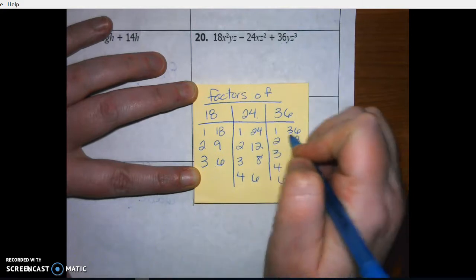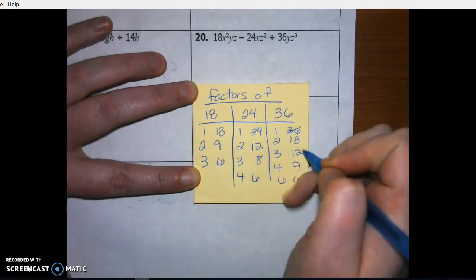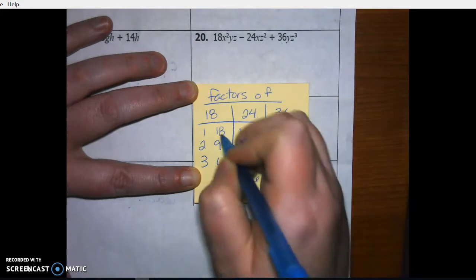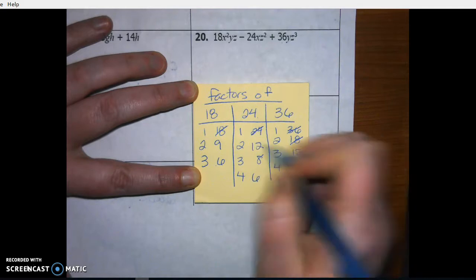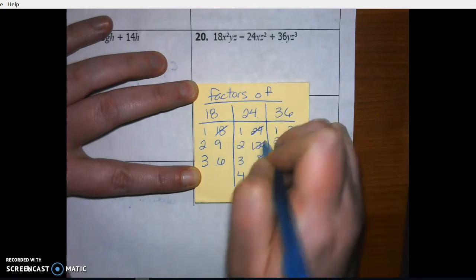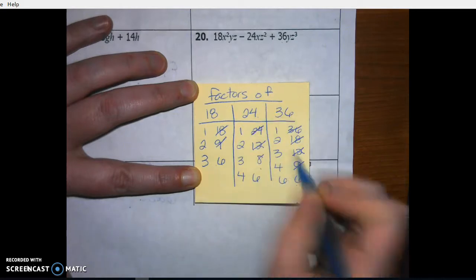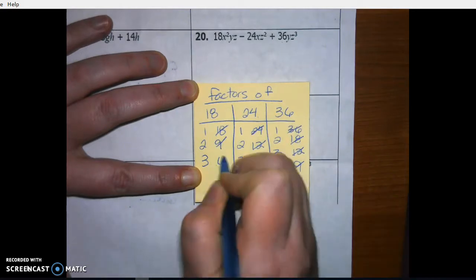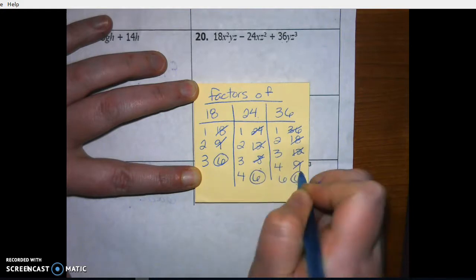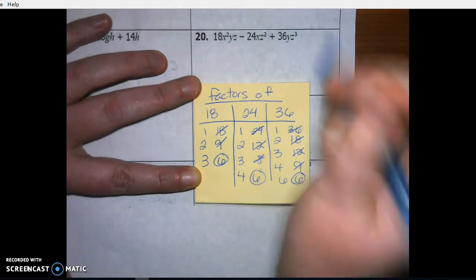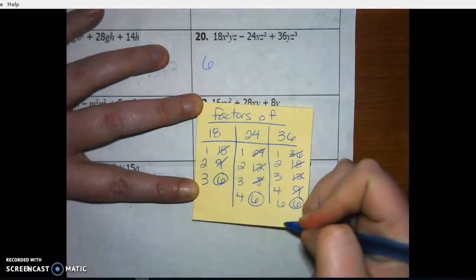Well, 36 is clearly not in these lists. 24 doesn't work either. 18 is only in 2 of them. 12, no 12. 9, but not 9. 8's only here. I'm down to 6. So 6 is going to be my greatest common factor for my number, so I'm going to put 6 right there.